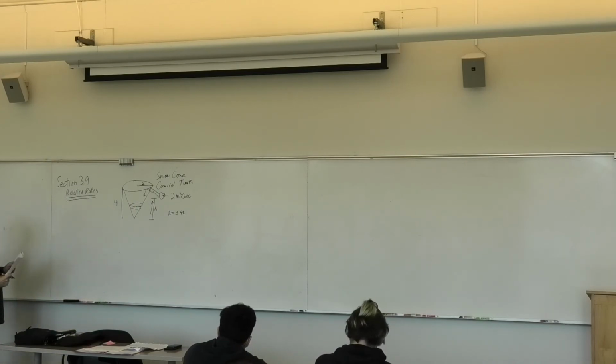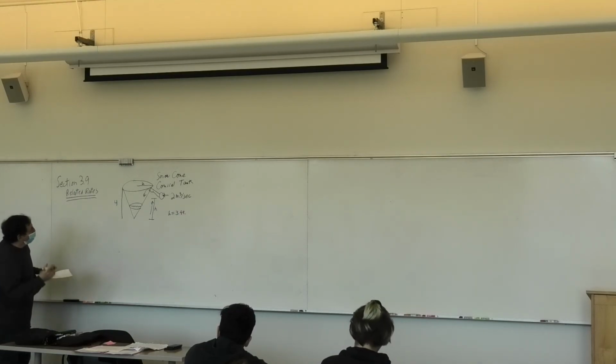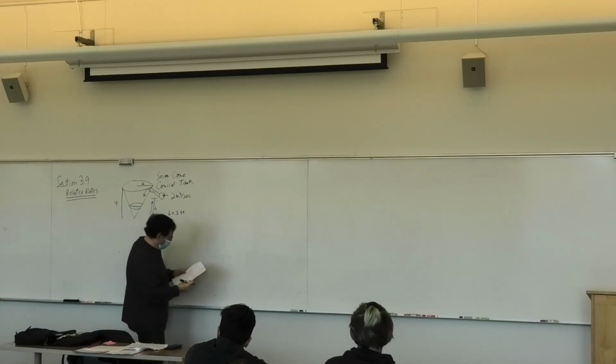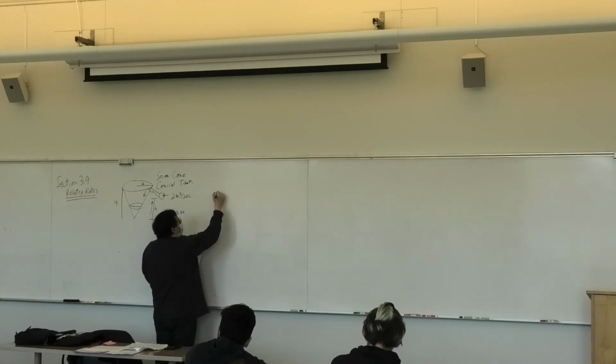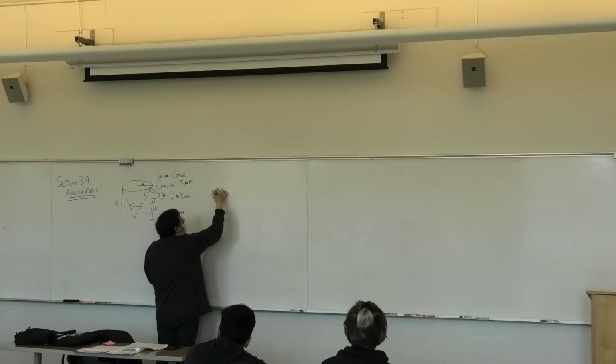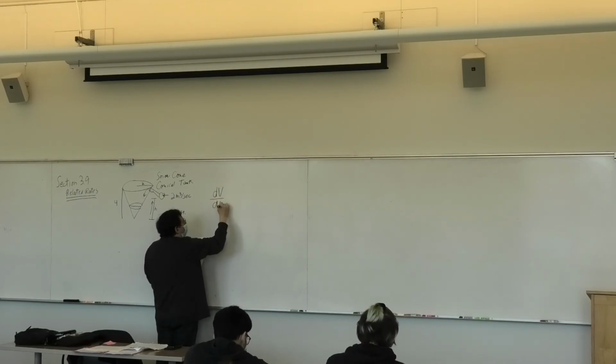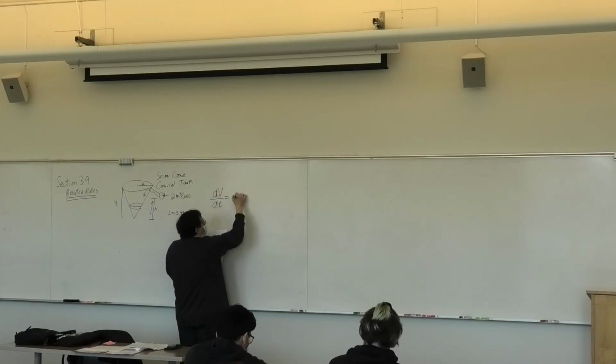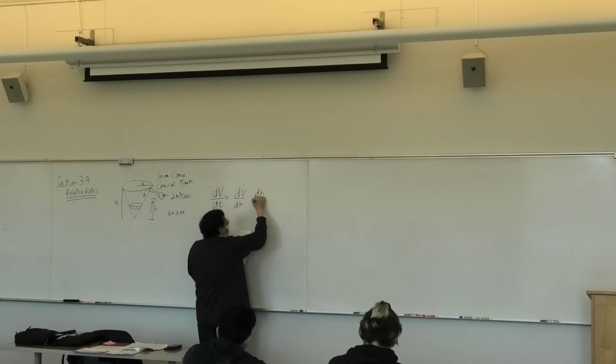All right, this looks kind of scary, but we kind of mechanically repeat what we did before. We say the change in volume with respect to time is the change in volume with respect to height times the change in height with respect to time.